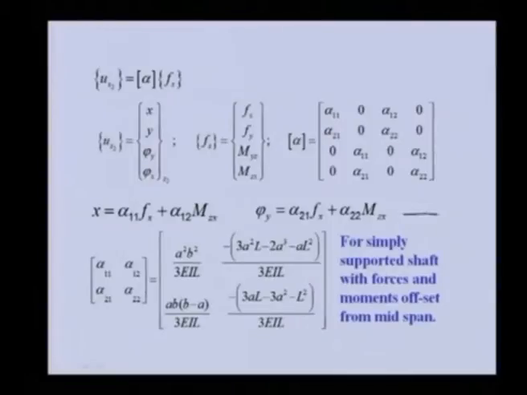If we see a simply supported shaft, the disc is here, so we have distance A, distance B, and the total length is L. In this particular case, A and B are defined like this: L is the total length, E is the Young's modulus, I is the second moment of area, that is pi by 64 d to the power 4 if a circular shaft is there. So this is the influence coefficient which we can use. For other boundary conditions, we can use different influence coefficients.